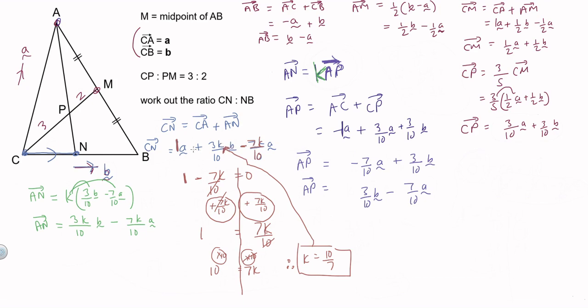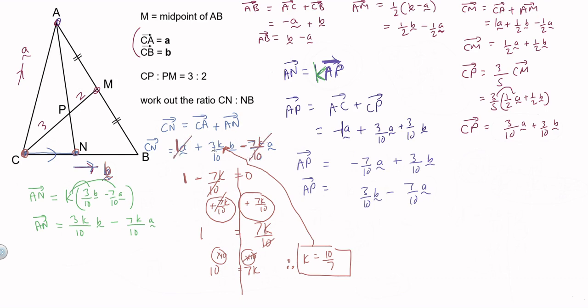Remember, the a components don't exist because CN is in the same direction as CB, and CB is just a little b. So CN should not have any a components. So I'm going to strike them off like this.